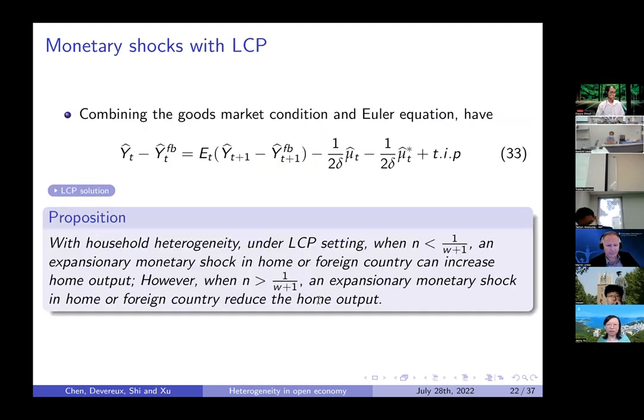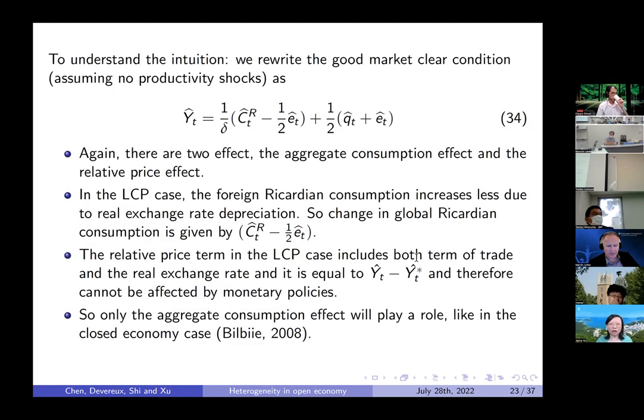For the LCP, we are going to get something similar, but not exactly the same. Again, there will be some kind of monetary trap, and there will be some spillover, and this all depends on n. To understand the intuition, it will be more complicated.